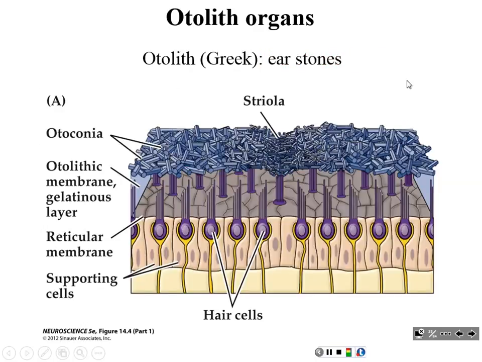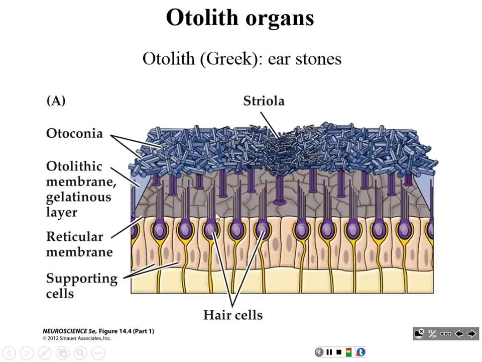They are called otolith organs, basically because from the Greek, otolith means ear stones. And when we look at the sensitive part of the structure of the otolith organs, we're going to see that there are hair cells with stereocilia and one kinocilium, afferent fibers, and supporting cells.